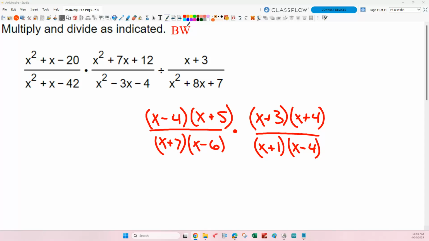Okay. If we flip and factor, what would the numerator be? We factor. Okay. And then what's our bottom?